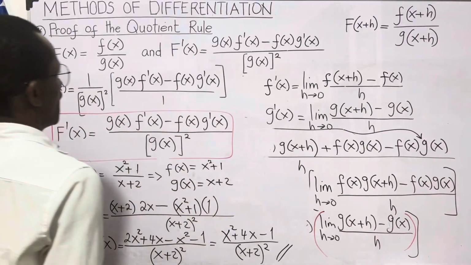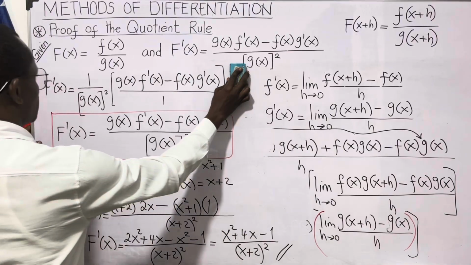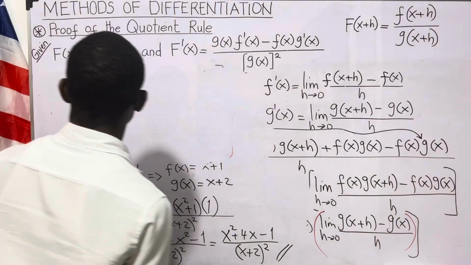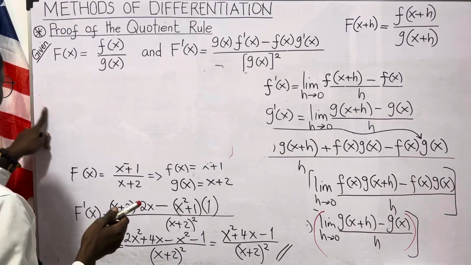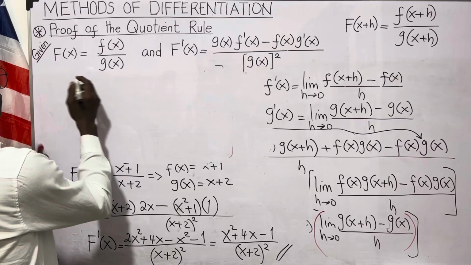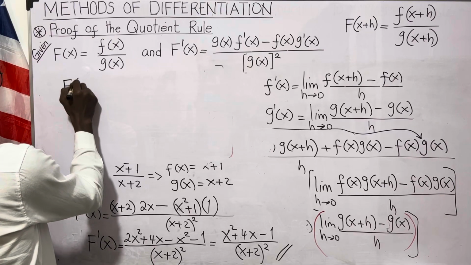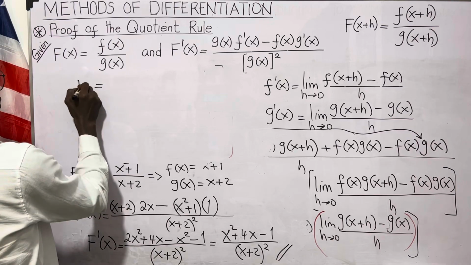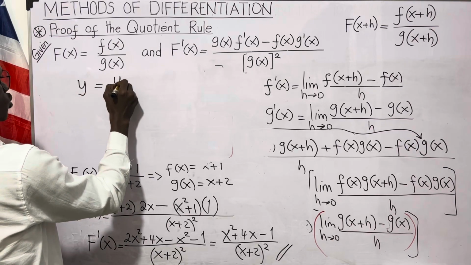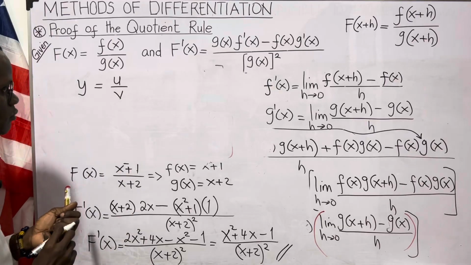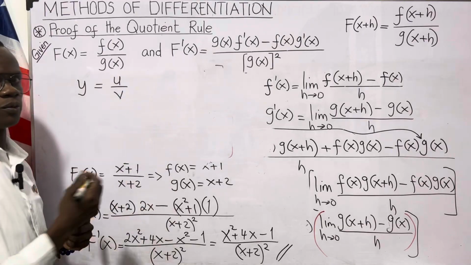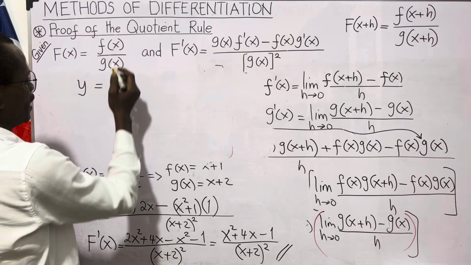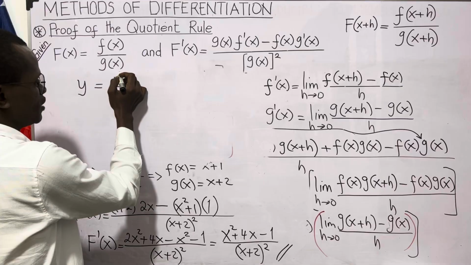Also, in some books, you will see that the notation for f of x and g of x is replaced. In some books, they use y, so you will see y equals u over v, or some will say v over u. So this u is representing the numerator, and this v is representing the denominator.